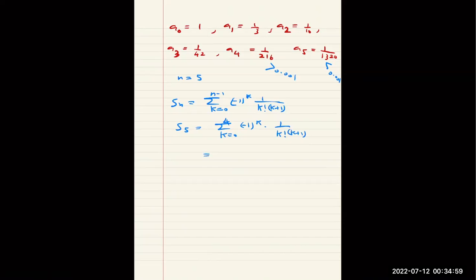This is going to be 1 minus 1/3 plus 1/10 minus 1/42 plus 1/216. And if you calculate this, this is approximately equal to 0.7475. So this would be an approximation to the exact value within 0.001. Okay. All right. That completes that example.